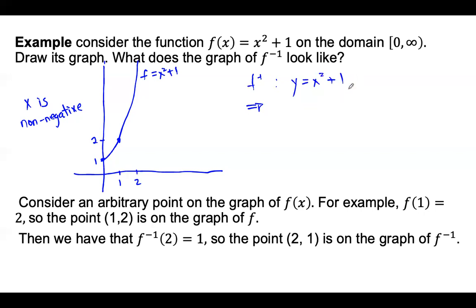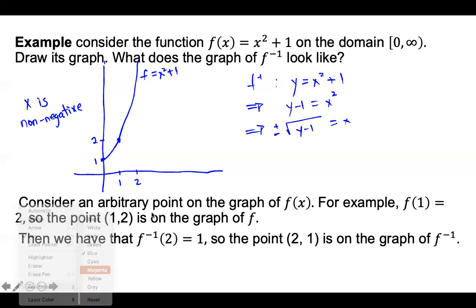We bring the 1 over, so we get y minus 1 equals x squared. And then we take the square root of both sides to get rid of the square, which implies the square root of y minus 1 equals x, plus or minus, right?